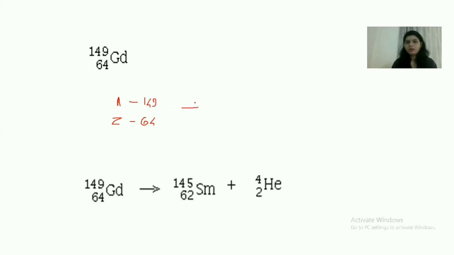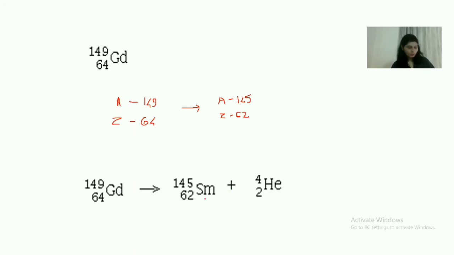Then during alpha decay, the atomic number decreases by 2, that is 62, and the mass number decreases by 4, that is 145. Okay, so write down the same here.